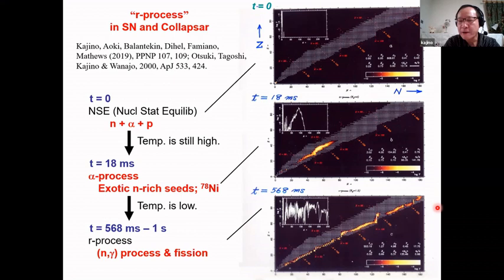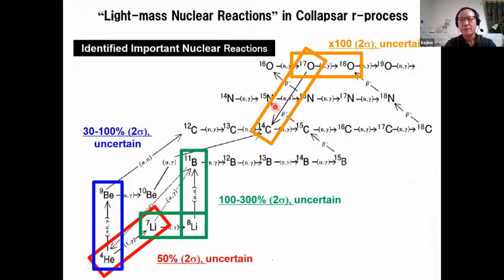Therefore, the light-element reactions in the r-process, from the first and second peaks, are important. These have been identified by theoretical calculations of supernova neutrino process and also MHD jet r-process nucleosynthesis. So let us briefly check one by one how accurately we know these reaction cross-sections.